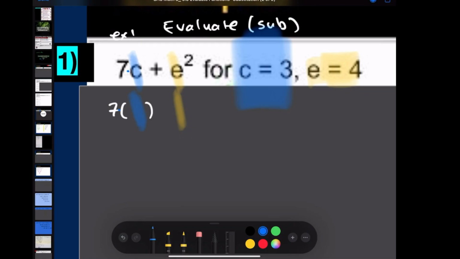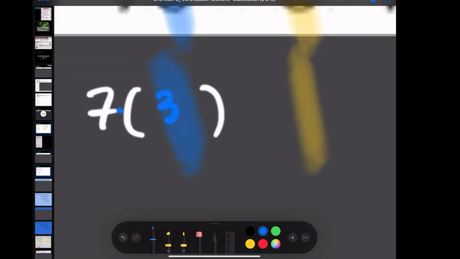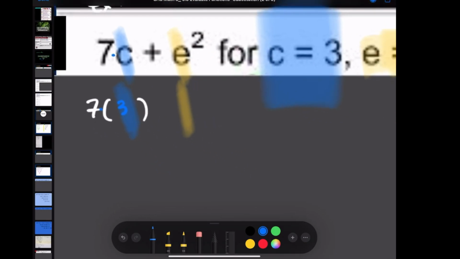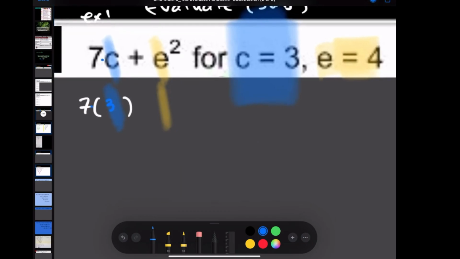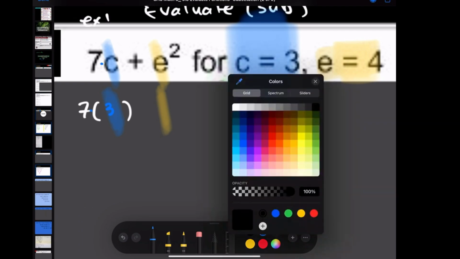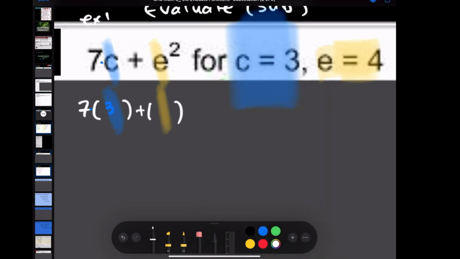Class, what is the c value? Now pay attention. I drew a parentheses. Everyone say it. The parentheses show your substitution. The lazy math student will not do the parentheses and they're going to get the problem wrong. Let's keep going. So I still have the plus sign, and then the e value is what? 4.